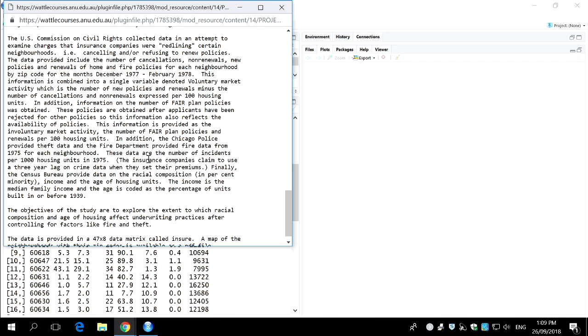So there are underwriting variables or risk factors that insurance companies are allowed to use to determine whether or not they want to sell you insurance. Now, in the city of Chicago, the government got involved and said, look, we think that the decline rates on insurance are too high.